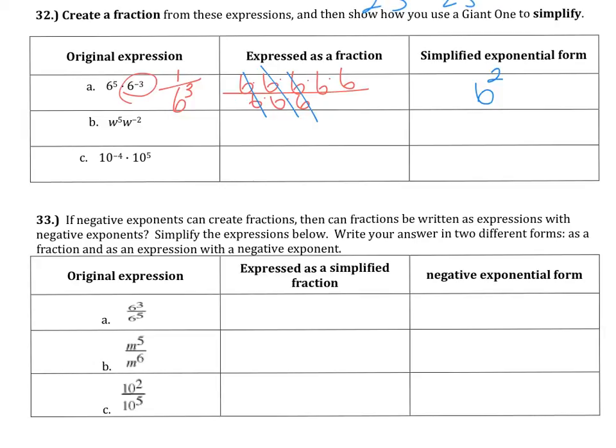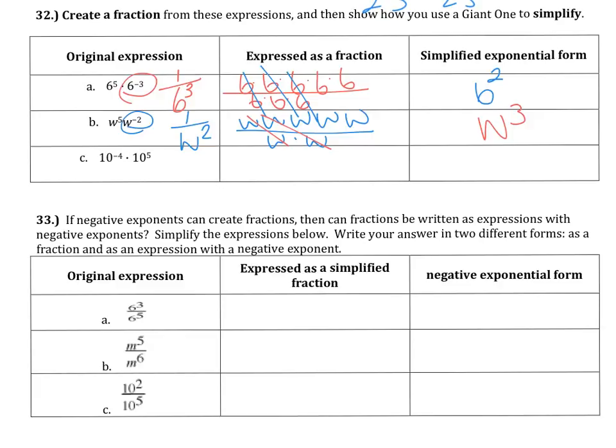Part B, we have w to the 5th, so we're going to have 5 w's over 2 w's, because we have this w to the negative 2 power, which is the same thing as 1 over w squared. We can simplify 2 of the w's on the top and the bottom, and are left with w cubed.